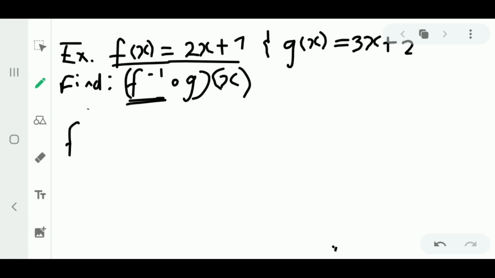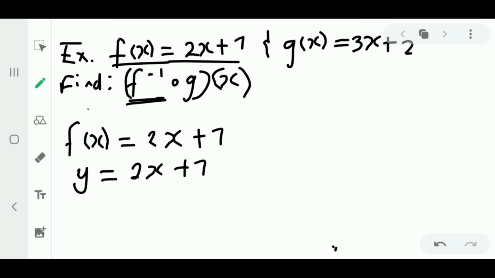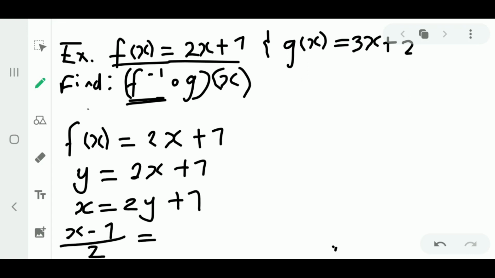So given that f of x is equal to 2x plus 7, y is equal to 2x plus 7. We interchange x and y, so x is equal to 2y plus 7. We want to make y the subject, so it's x minus 7 over 2 is equal to y. So now we have what f inverse of x is.